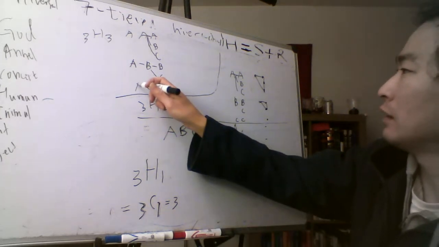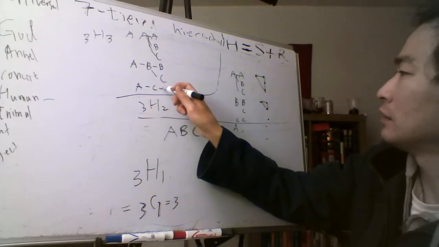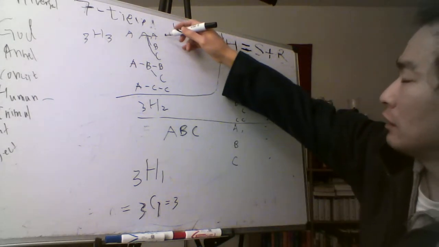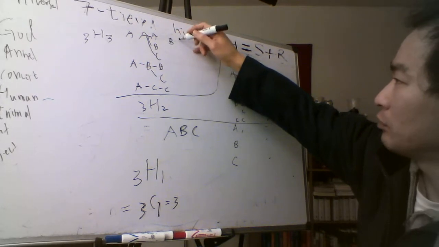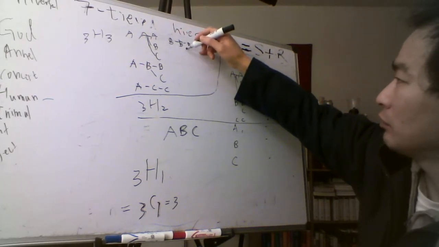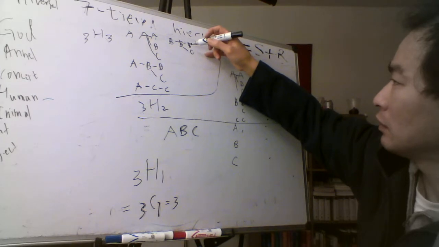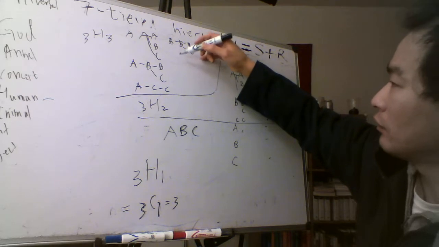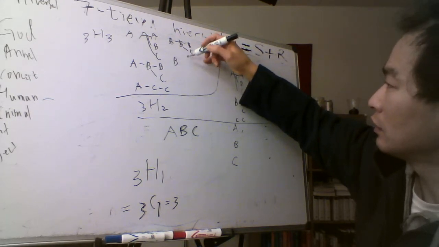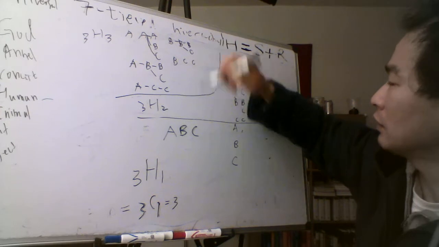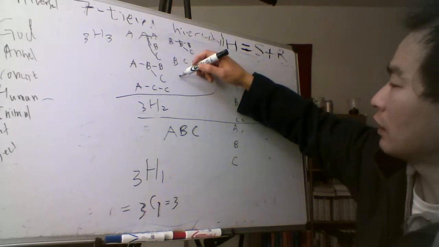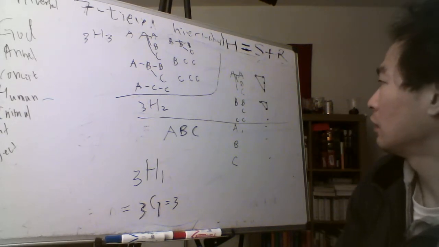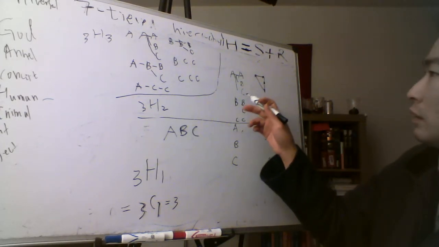Now you have A, C, C. And then you have B, B, B, B, B, C. And you have B, C, C. And then you have C, C, C. And guess what?